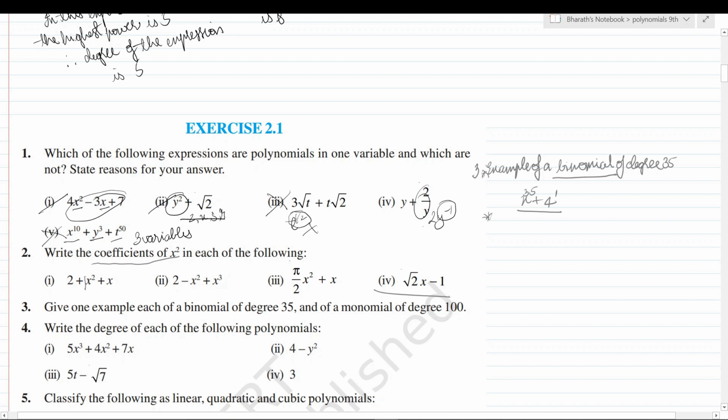The second part of the question is a monomial of degree 100. What is the meaning of monomial? Monomial means only one term, so simply write x to the power 100. It satisfies as a monomial because there is only one term and a degree of 100. Degree is nothing but power, keep in mind.